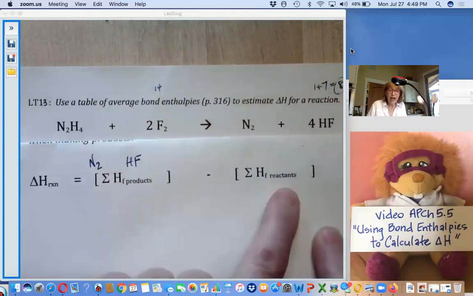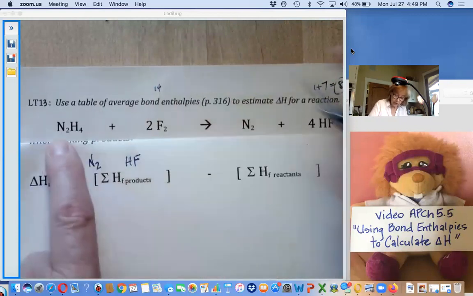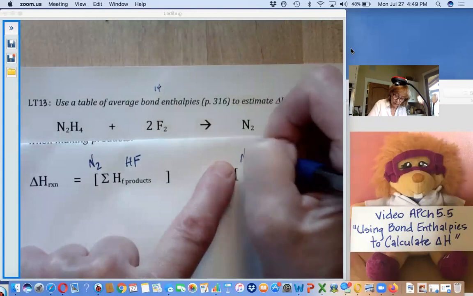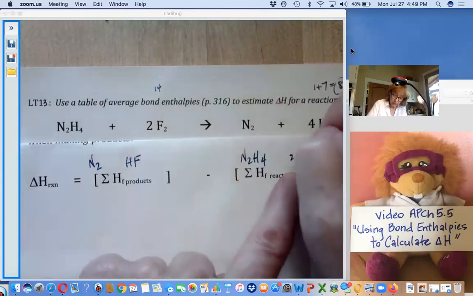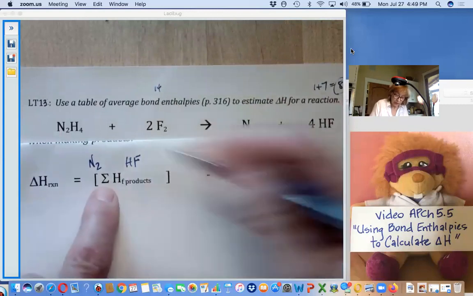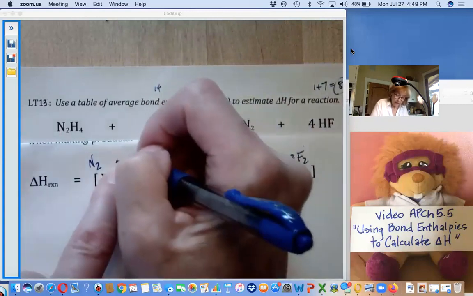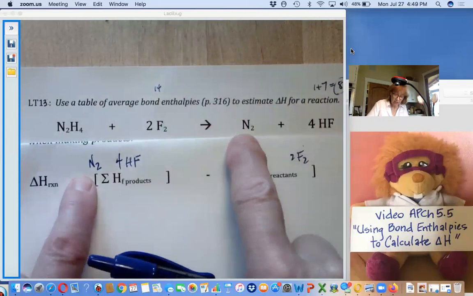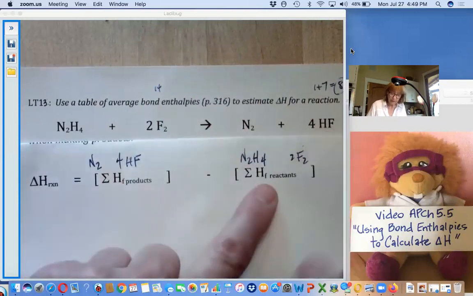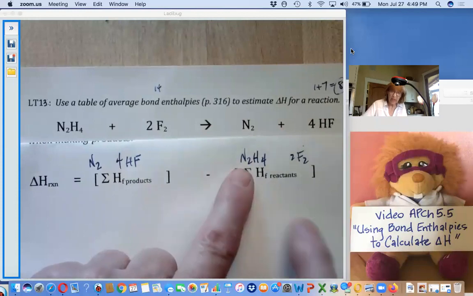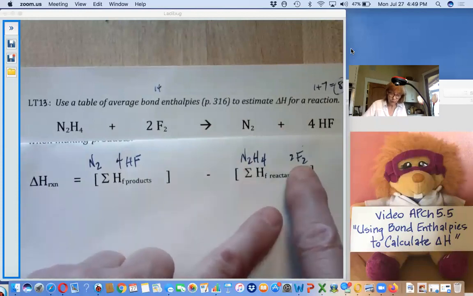And our reactants are N2H4 and fluorine. I should be putting the coefficients here. We had nitrogen and 4 HFs. For the reactants, we have N2H4 hydrazine and 2 fluorines.